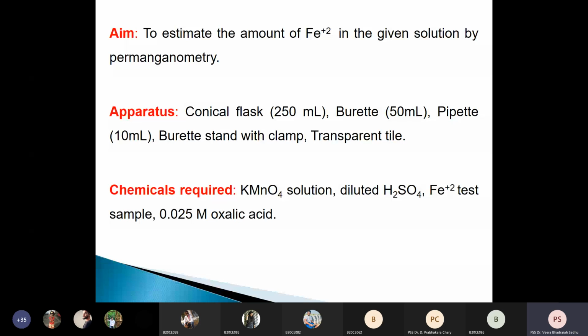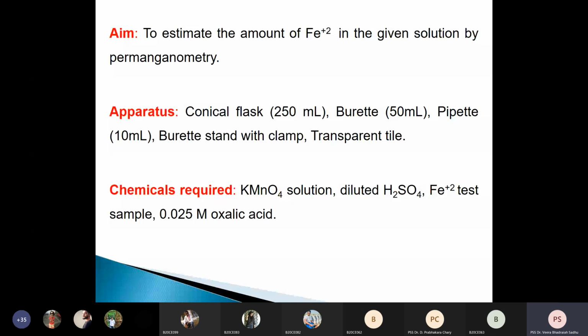Our main reagent is potassium permanganate, so we have to estimate its concentration. To determine the concentration of potassium permanganate, you need a known concentration of oxalic acid, because there is a reaction between potassium permanganate and oxalic acid. Based on the reaction, you can estimate the exact concentration of KMnO4 in the first step.